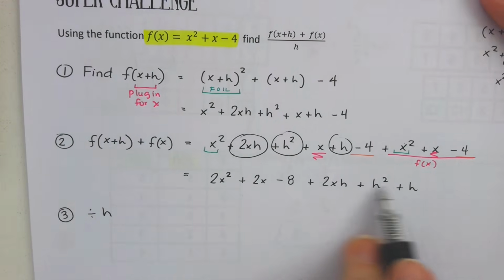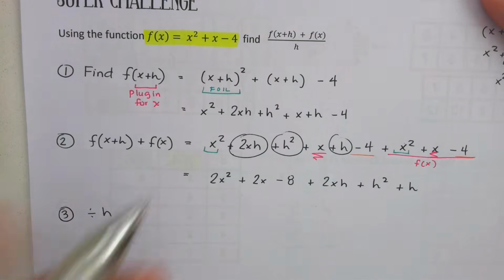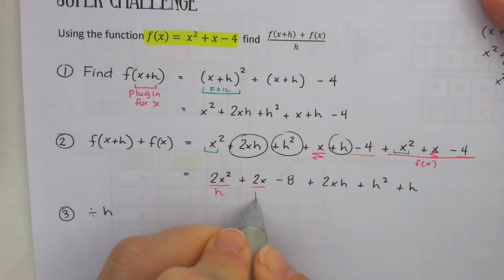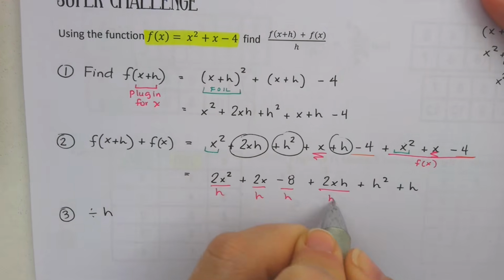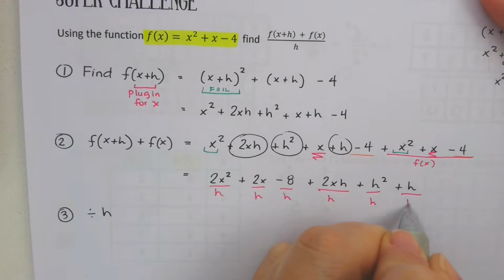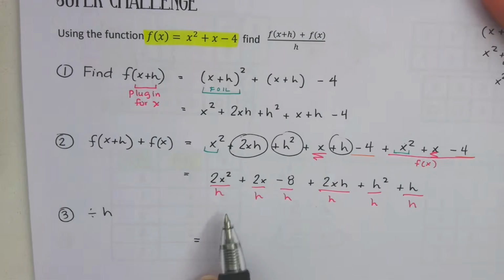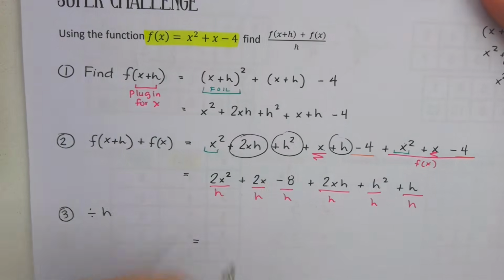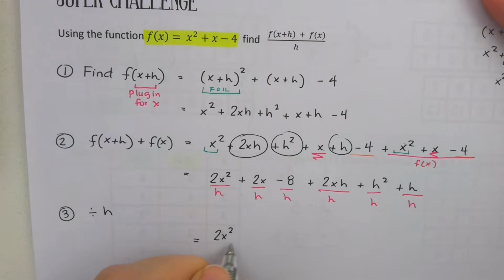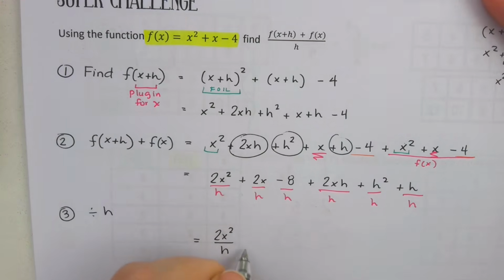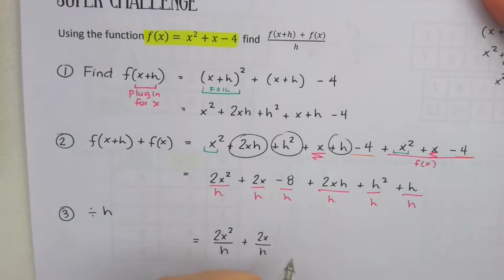So I'm going to take everybody I got here and divide by h. Some of them are going to simplify and some of them are not. Does 2x squared over h simplify? Mm-mm. What about 2x over h? No. What about negative 8 over h?